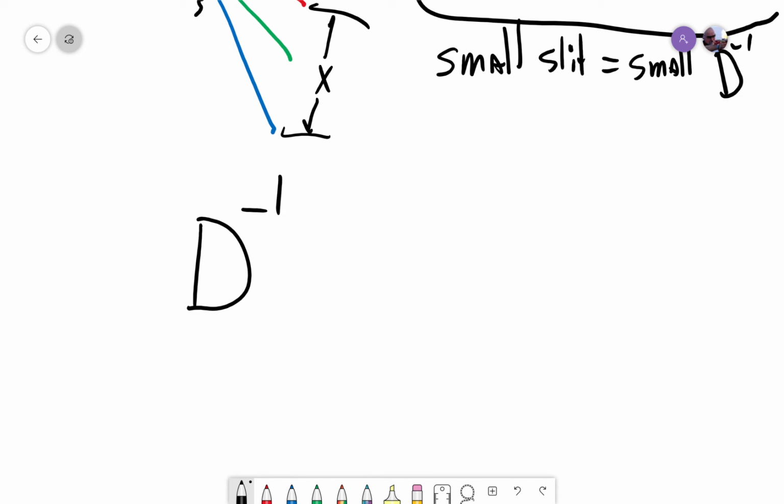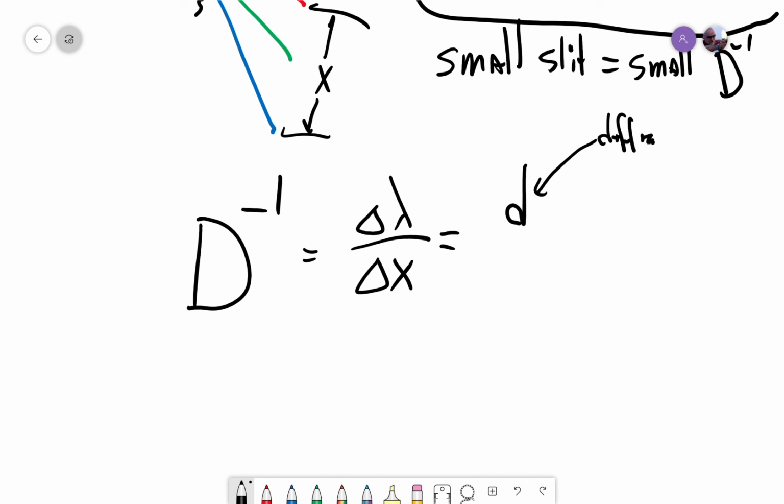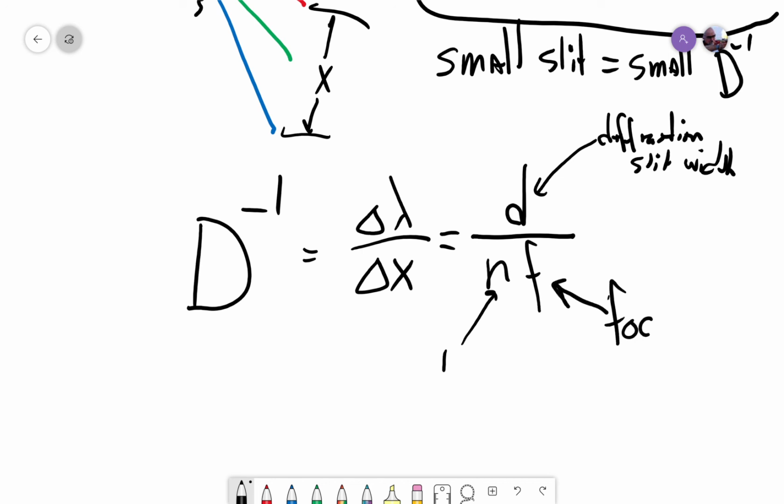The d to the minus 1 of a diffraction grating, which is still delta lambda over delta x, is equal to d, the diffraction slit width, divided by nF, where n is the harmonic, which is 1, and F is the focal length.